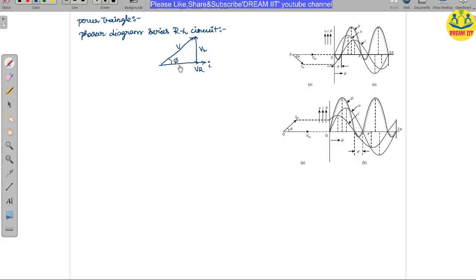You may get the doubt, sir, do we have to take only the current as reference? You can take the voltage as reference also. Let us draw it by taking the voltage as reference.